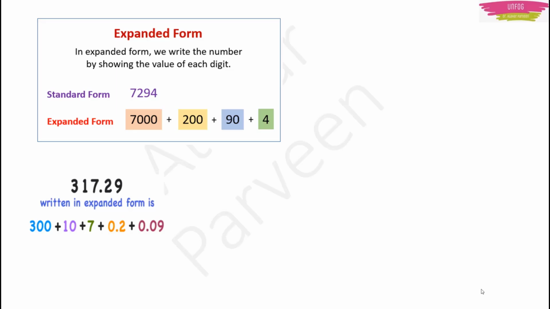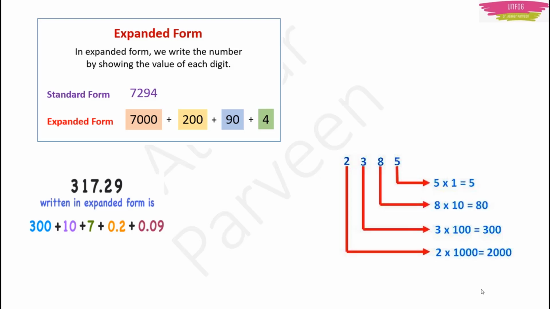Here you write 0.2 for 2 and you write 0.09 for 9. Okay. This is how you expand a decimal number. So basically, when you expand a number, you write its place value in that place. For example, if it is 2385, you have 1000 along with 2, you have 100 along with 3, you have 10 along with 8 and you have 1 along with 5.